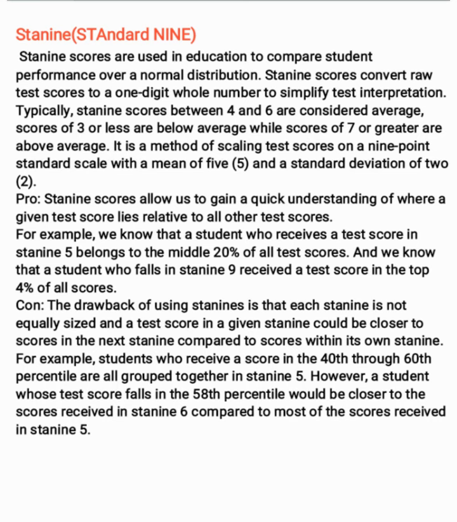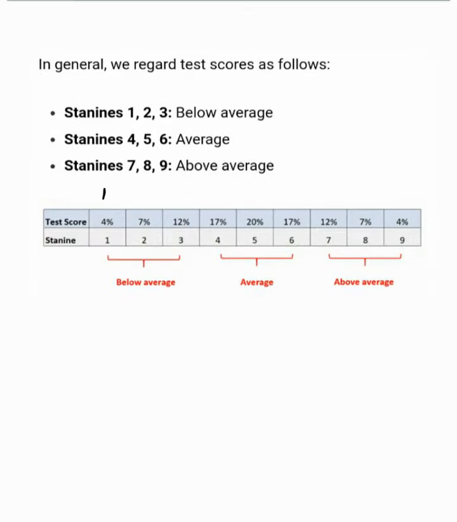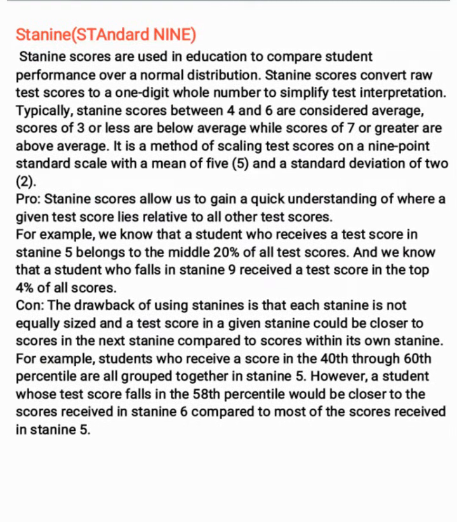Typically, Stanine scores between 4 and 6 are considered average. You can see that here. Between 4 and 6, we have the average. 1 to 3 is below average, and then 7 to 9 is above average.